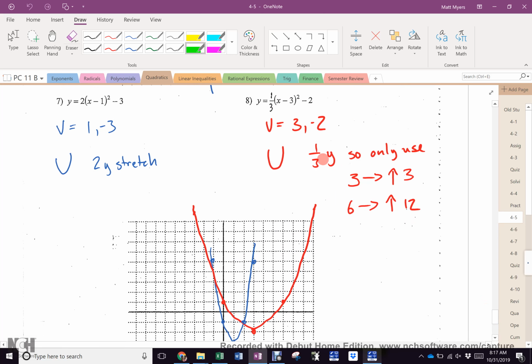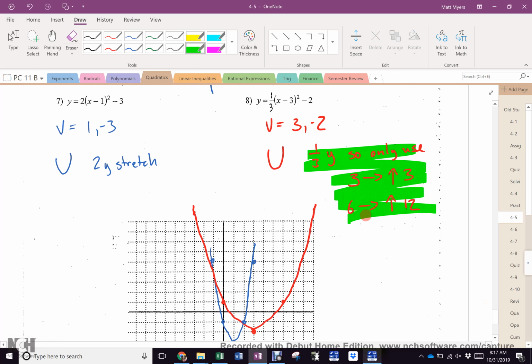Everybody knows what I mean by that, right? There's no point in doing 1, 2, because you got to divide it by a third, right? So only use multiples of 3. Then you can count proper amount of squares. Right?